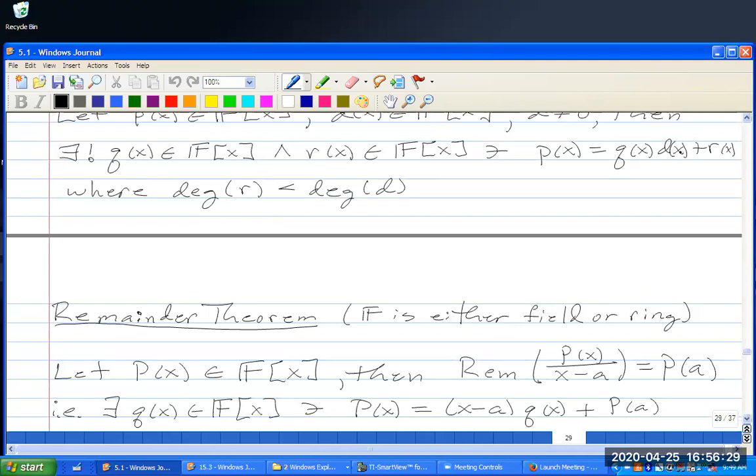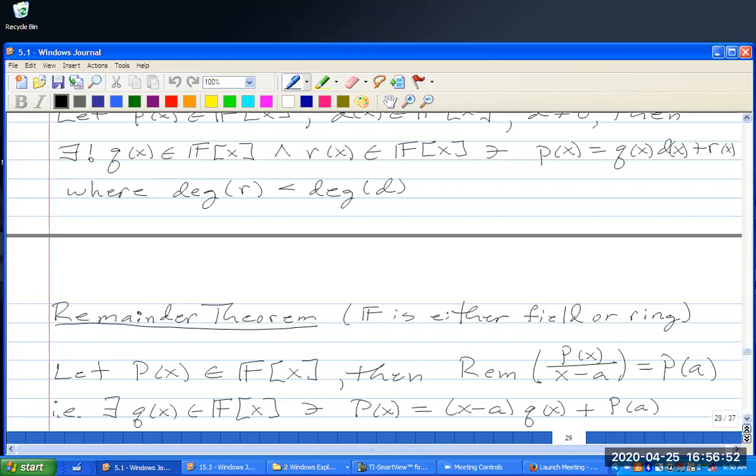If I let D of x equal x minus a, then the remainder has to be a polynomial of degree less than that of x minus a. Well, the degree of x minus a is 1. So it has to be a polynomial of degree less than 1. The only polynomials of degree less than 1 are polynomials of degree 0, meaning constants.